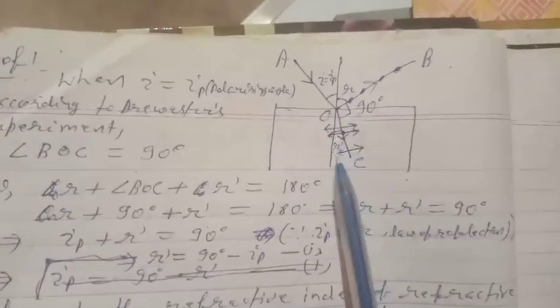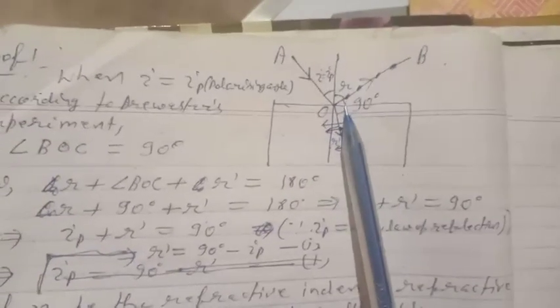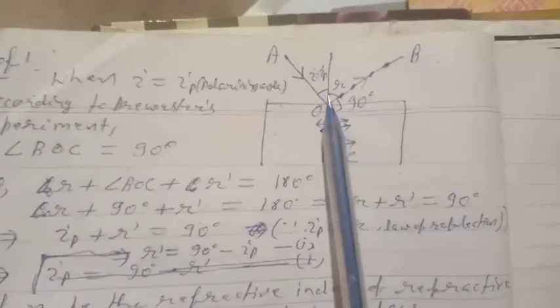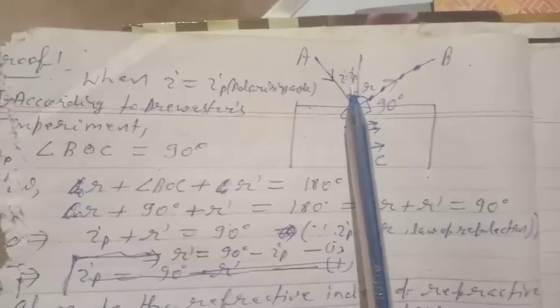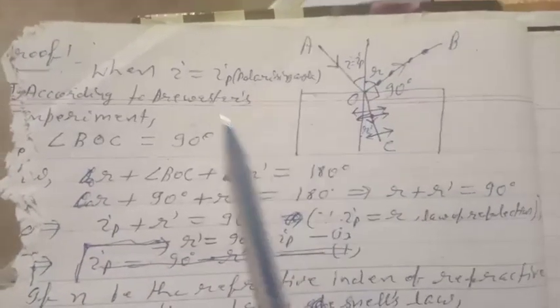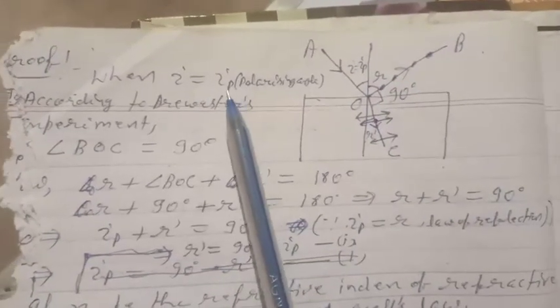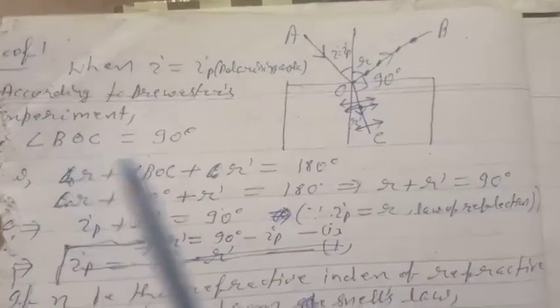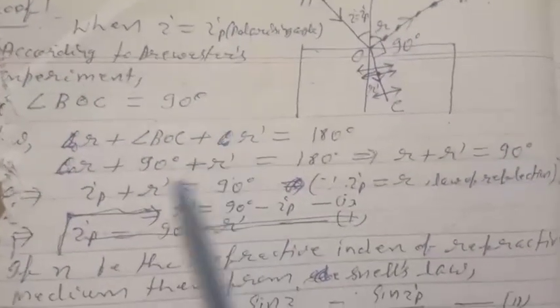If the angle between reflected and refracted light is 90 degrees, then the angle of incidence is called Brewster's angle. When i equals ip, the polarizing angle, according to Brewster's experiment, angle BOC equals 90 degrees.